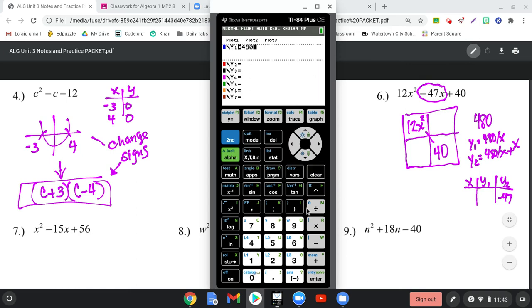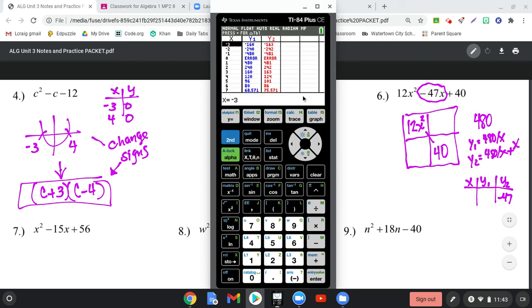Ignore me today. 480 divided by x. 480 divided by x plus x, and then hit second graph to check out the table, looking for this negative 47. See positives down here, negatives up here, so I'm going to go that way and see what I find. Getting closer. There it is. Negative 15, negative 32. Would have taken you a while to figure that out.